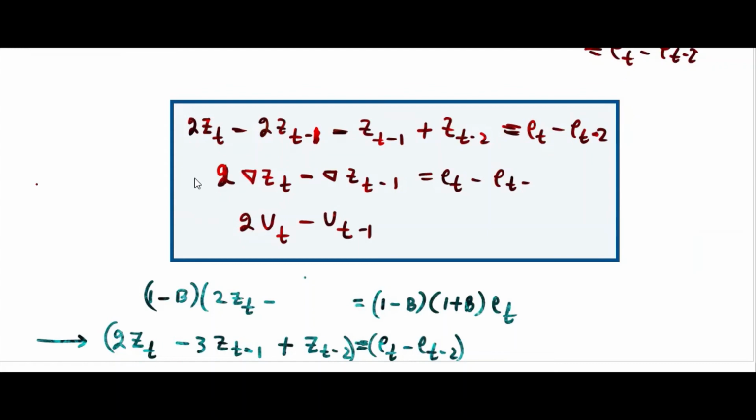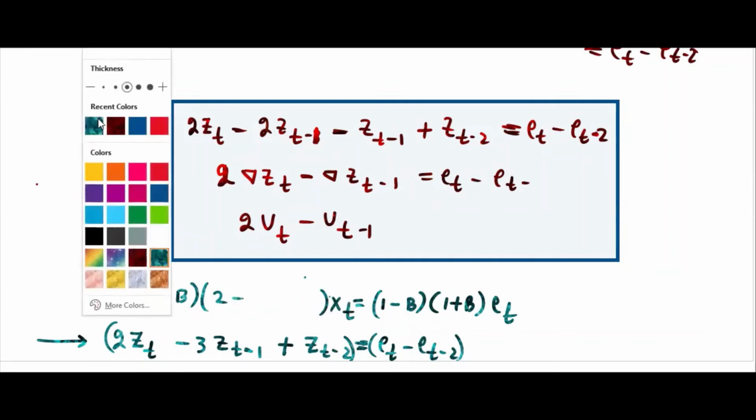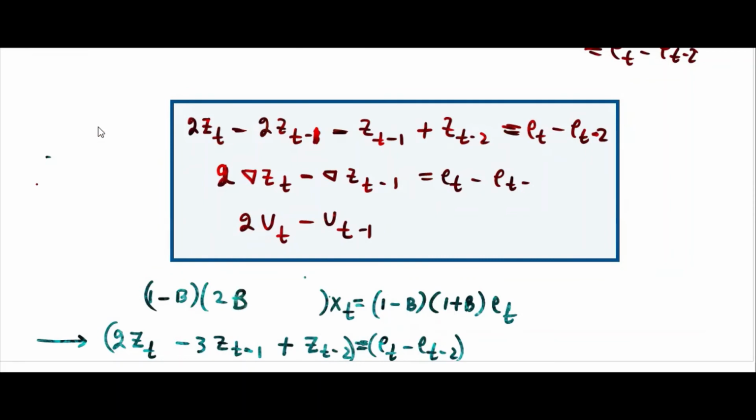I think you will get 2 z_t minus z_{t-1}, x_t, you will get this way, z_t you will get this way, 2B, let me write 2B minus B minus 1, 2B minus B minus 1 z_t.